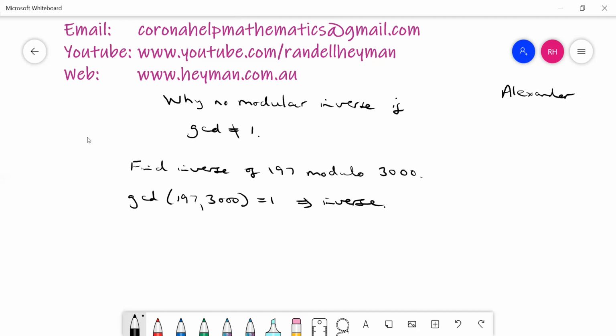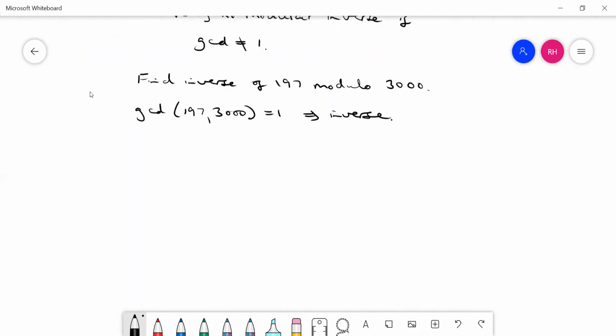So for Alexander, I'll give you an example of why you can't get a modular inverse if the GCD is not equal to 1. Let's take, for example, find the inverse of 6 modulo 8.